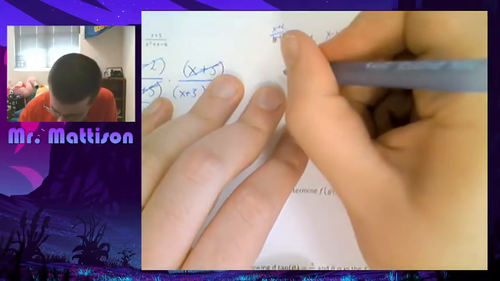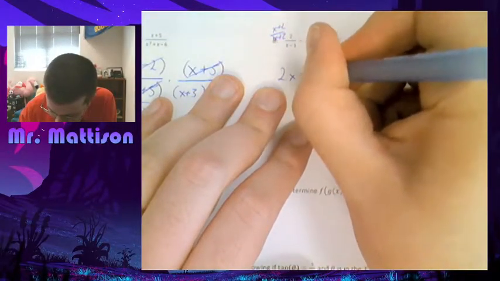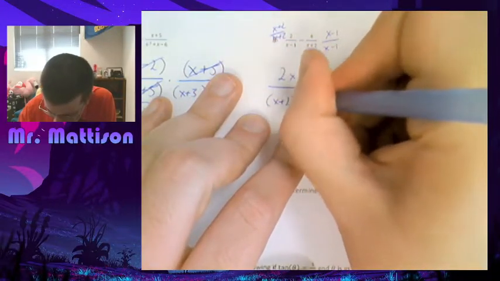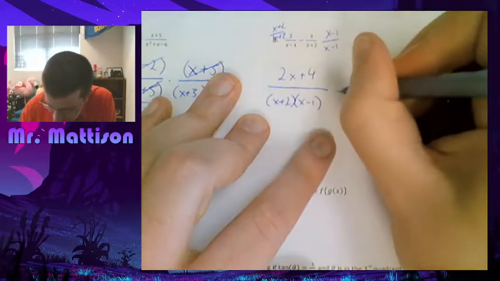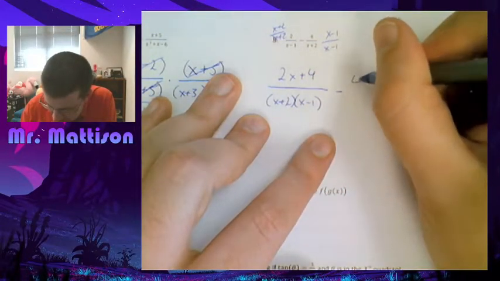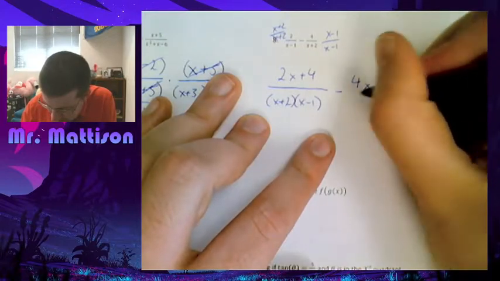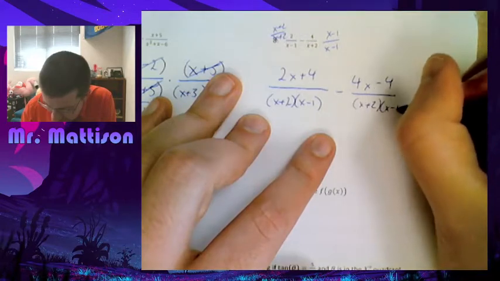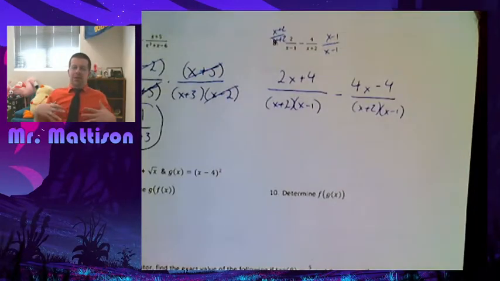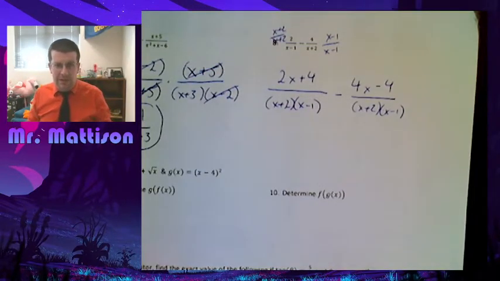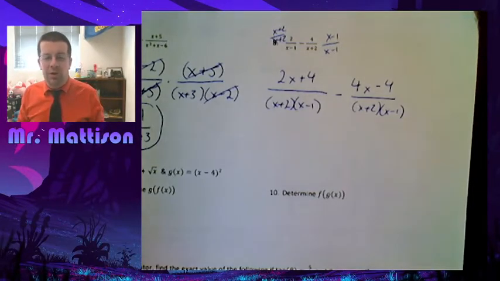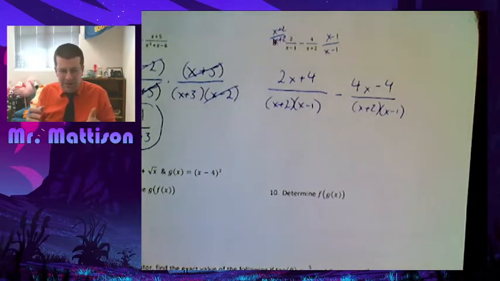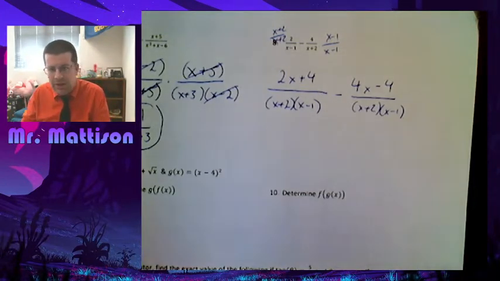So then my top will be 2x plus 4 over x plus 2, x minus 1, minus 4x minus 4 over x plus 2, x minus 1. Now I'm leaving the bottom one factored because there's not really a benefit in me multiplying it out. I would if it would help me, but it's not going to help at all, so why do the work if it's not going to help us make it more simple or cancel things out?